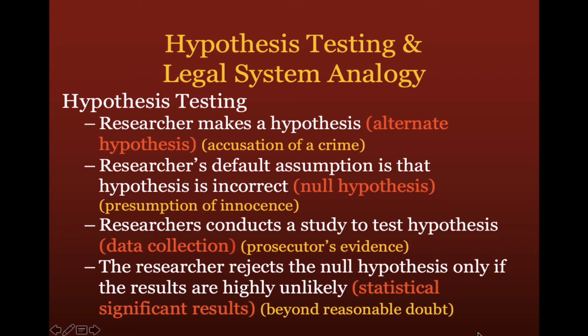And then the researcher only rejects the null hypothesis if the results are highly unlikely. If it's beyond a reasonable doubt in a legal sense, it's like in the research sense, it's beyond a reasonable doubt that you would get this particular set of results if the null were true. And therefore, we're going to reject the null hypothesis and conclude that the data supports what we're calling the alternative hypothesis.